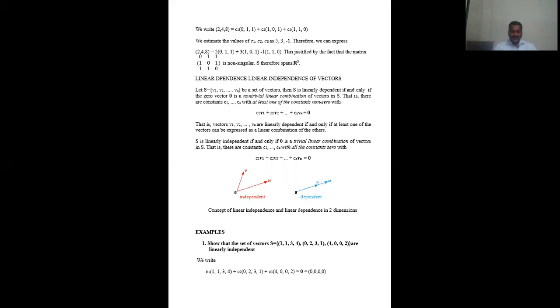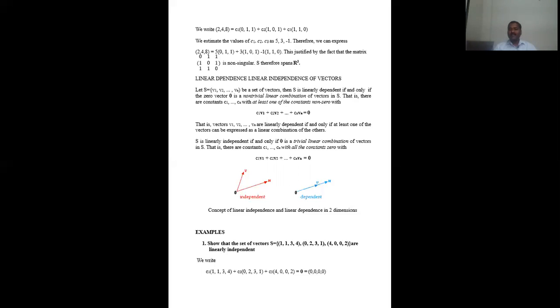A bunch of vectors, say n vectors, x1, x2, and so on, xn, are said to be linearly independent if their linear combination is 0 only when all the constants, C1, C2, C3, and so on, Cn, are 0. No matter how much effort you put, if you can't find at least one of them non-zero so that their linear combination is 0, then they are said to be linearly independent, else they are said to be linearly dependent.